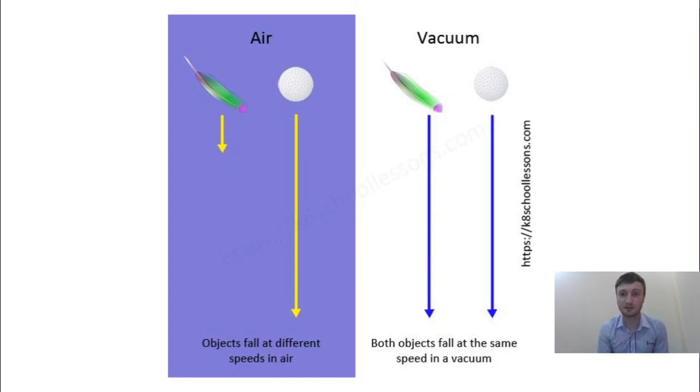Now this is because although the ball is much heavier, it's harder to move. The force of gravity works on the heavy objects much stronger. And because that equals out, they cancel each other out. So feathers and a brick will fall at exactly the same speed if there's no air resistance.